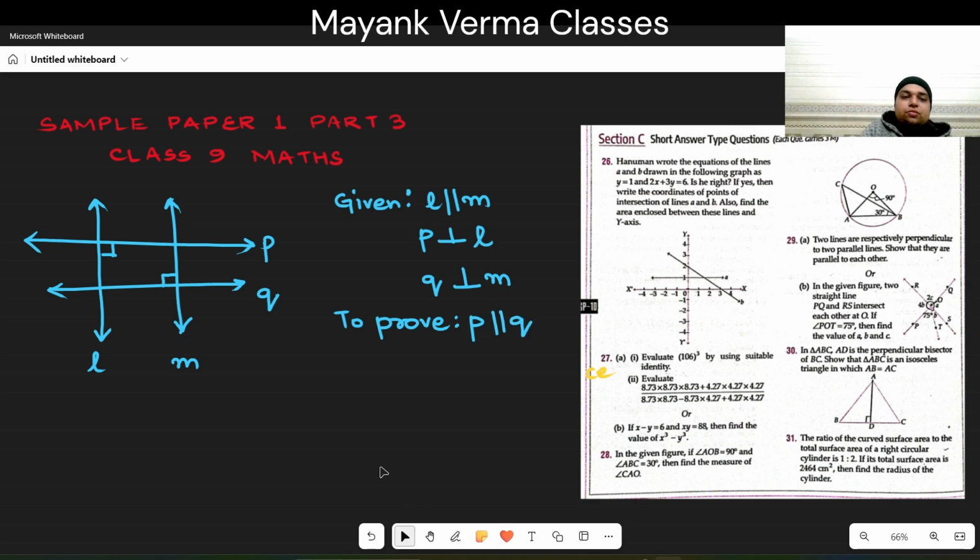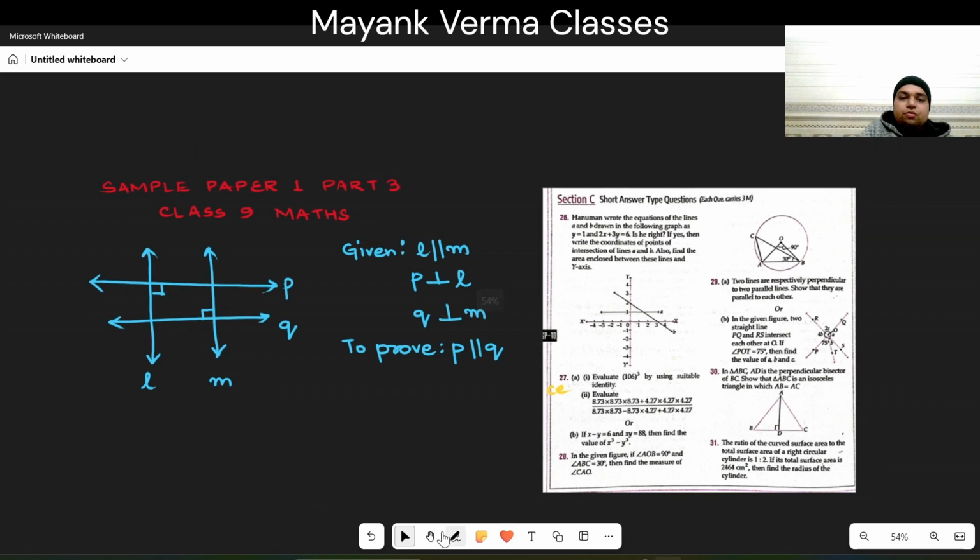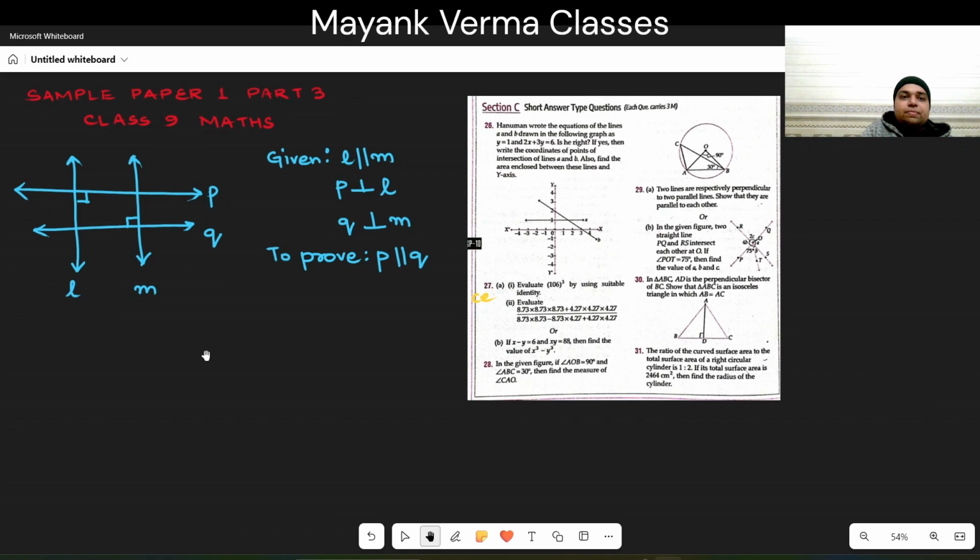Okay, so what can we do here? Solution. In the solution, let's say this is angle 1, and let's name the intersection points A, B, C, D. This angle is 2, this is 3 and this is 4.